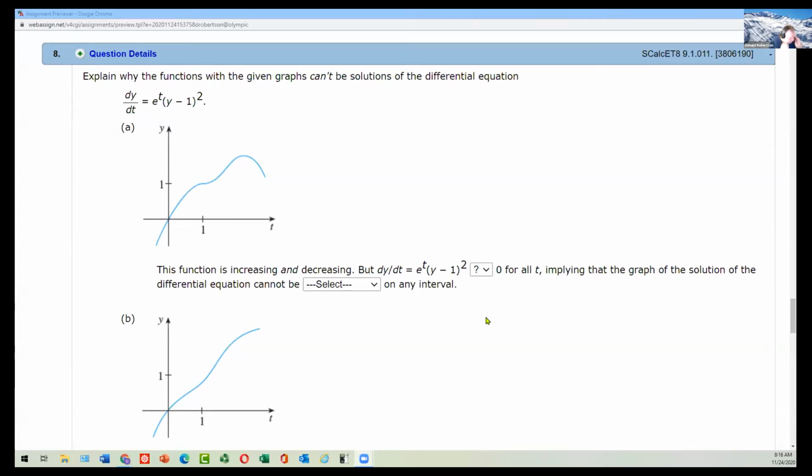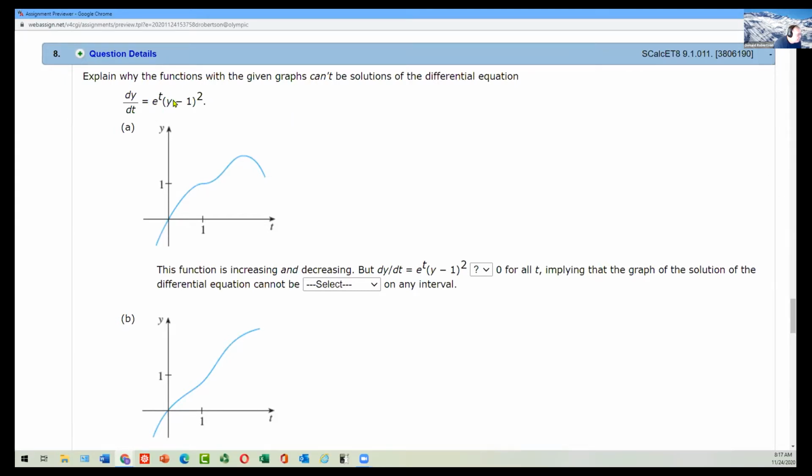This first one, dy/dt = e^t (y - 1)^2, and they said this is not going to be the graph of that. It can't be a solution. And they even give you some clues, so let me reiterate the clues. If you look at the value of e^t, isn't e to the power of t always positive?